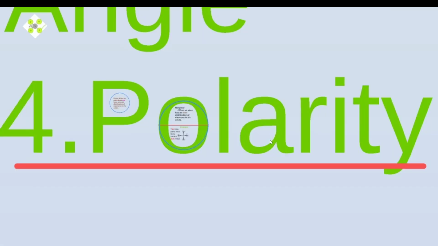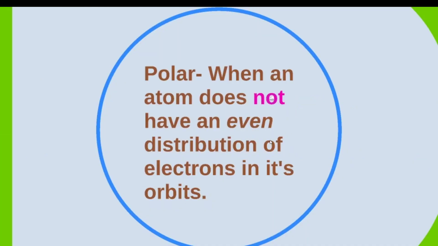And then the last thing is going to be polarity. And we're going to have a whole other section on polarity too, because this is what really holds things together. Okay. Especially when we think about intermolecular forces or why water stays water, this is going to be because of polarity. So a molecule is going to be considered polar when it does not have an even distribution of electrons.